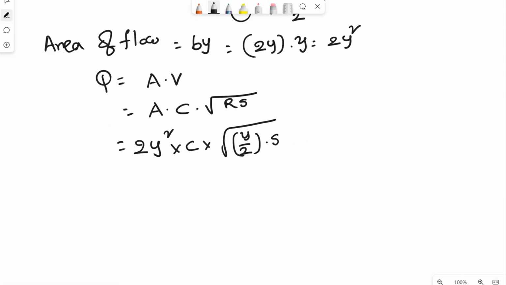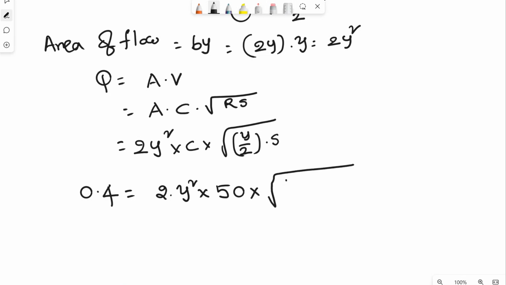So now if I take it, what he has given basically, discharge is equal to 0.4, which equals 2y square into 50 into root of y by 2 into S, which is 1 by 2000.